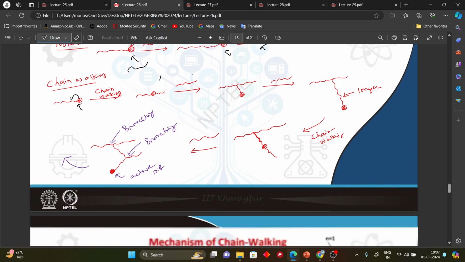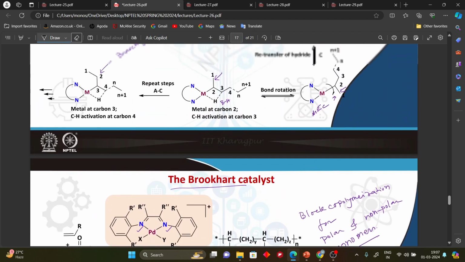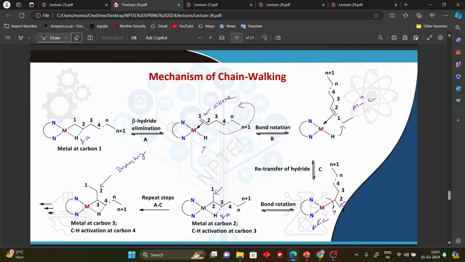So now let's look at the mechanism of how it happens with metal. So at first, this is your active catalyst. With one to alpha, a kind of beta hydride elimination would be there. So at first agostic interaction, and major agostic interaction leads to beta hydride elimination.